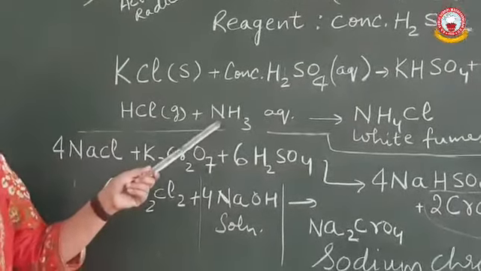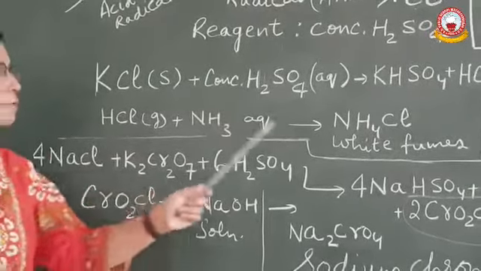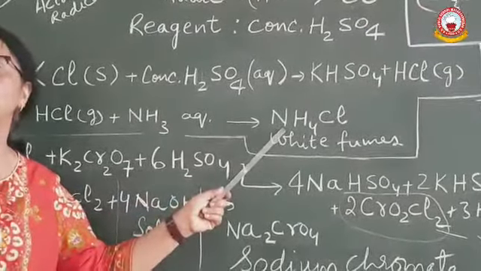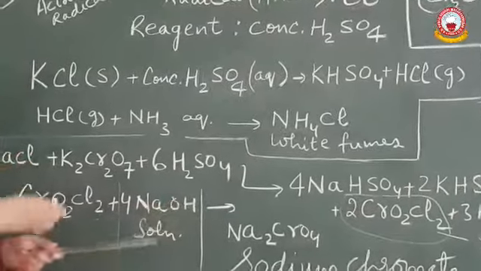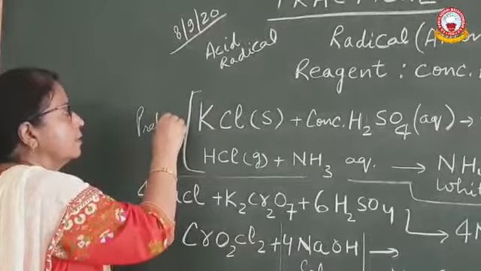Again, if a rod dipped in ammonium hydroxide is brought near the mouth of the test tube, you will find that white fumes of ammonium chloride are formed. These two tests become the preliminary test.